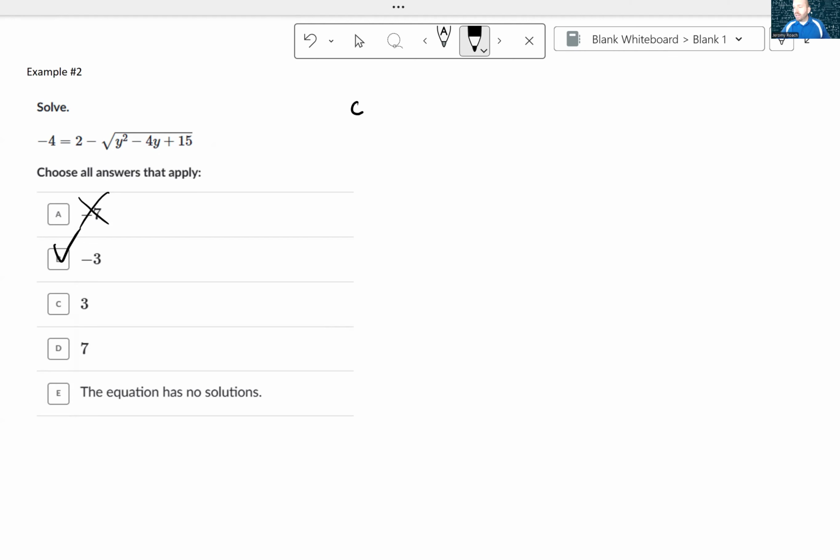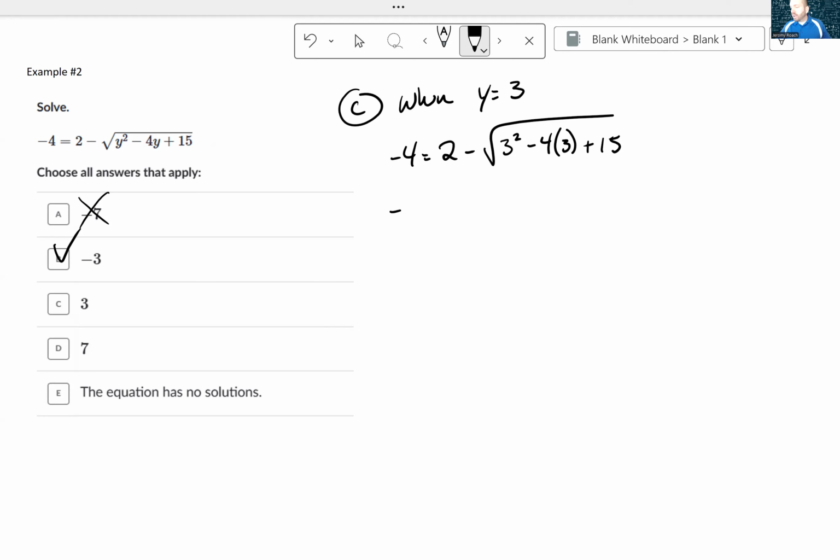So for C, it's when y equals 3. Negative 4 equals 2 minus the square root of 3 squared minus 4 times 3 plus 15. Negative 4 equals 2 minus the square root of 9 minus 12 plus 15. Negative 4 equals 2 minus the square root of, let's see, it'd be 12.